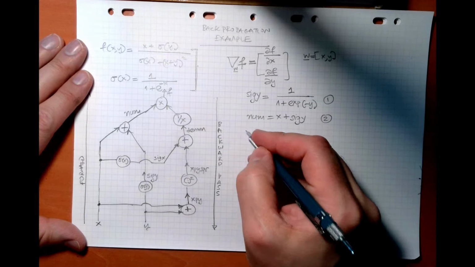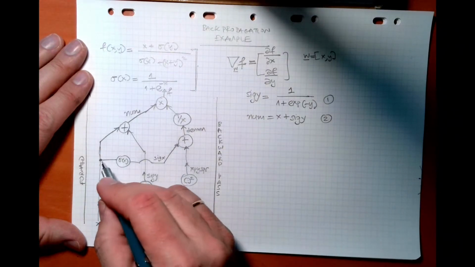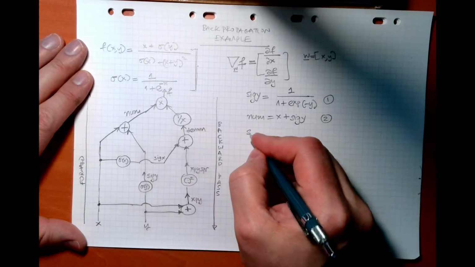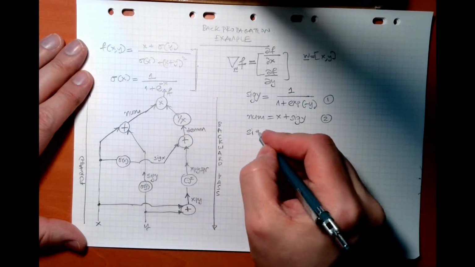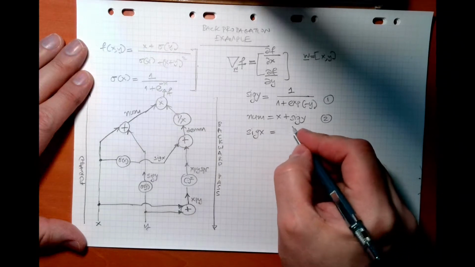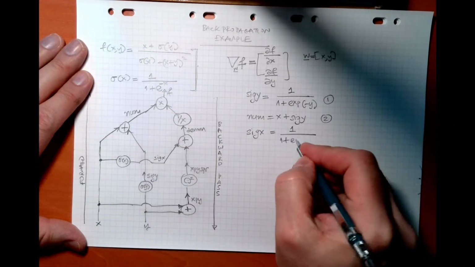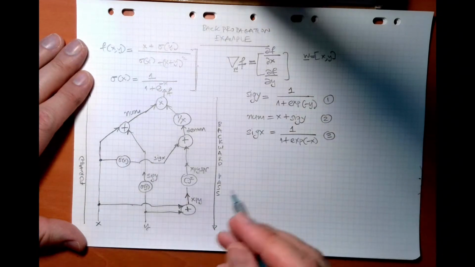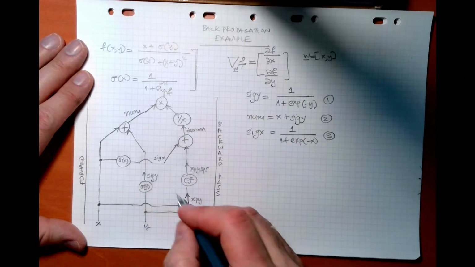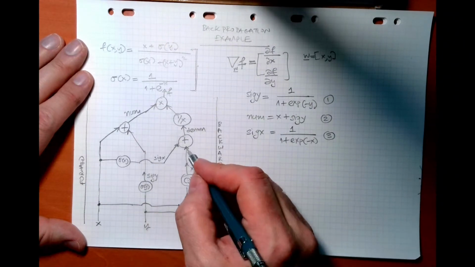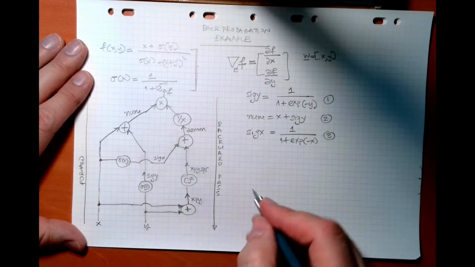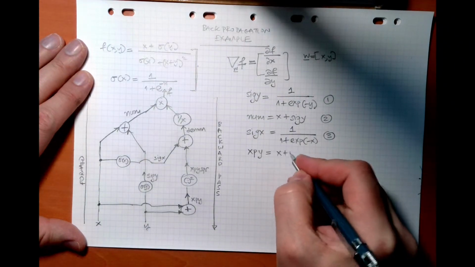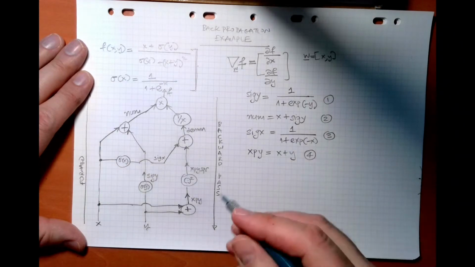The third equation: we take the sigmoid of x, preparing for forming the denominator. Sig x is, very similar to sig y, 1 over 1 plus exp of minus x. Then we populate this part over here. Xpy is equal to x plus y, and this is number 4.